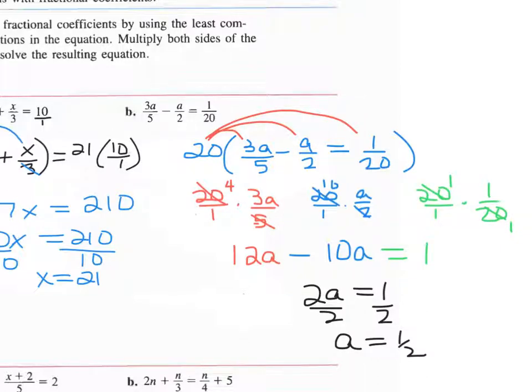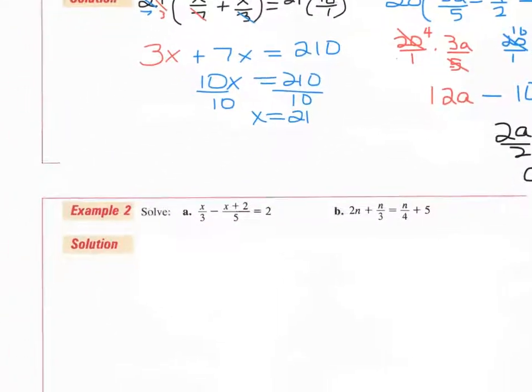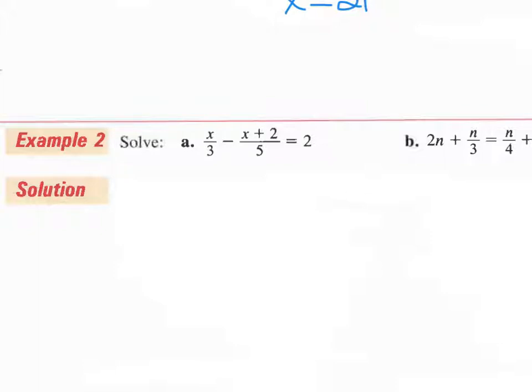Let's try the next example. So we did this at the beginning of the year. All right, so example 2. Again, I need to find a common denominator between 3, 5, and 1. And I can see that that's going to be 15. So again, I'm going to take the 15, and I'm going to multiply it to everything.